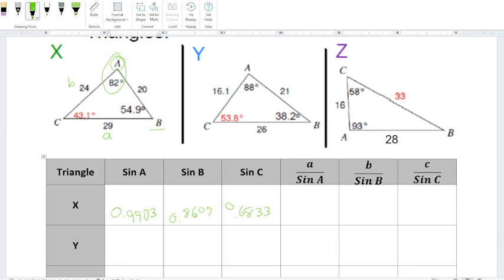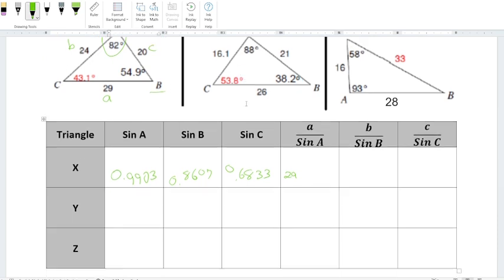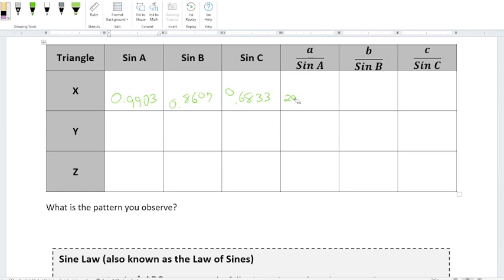Side B is opposite angle B, and side C is opposite angle C. So we're going to be comparing the length of a side with the sine of the opposite angle. So A is, so this will be 29. Alright, we gotta figure out what's going on here.